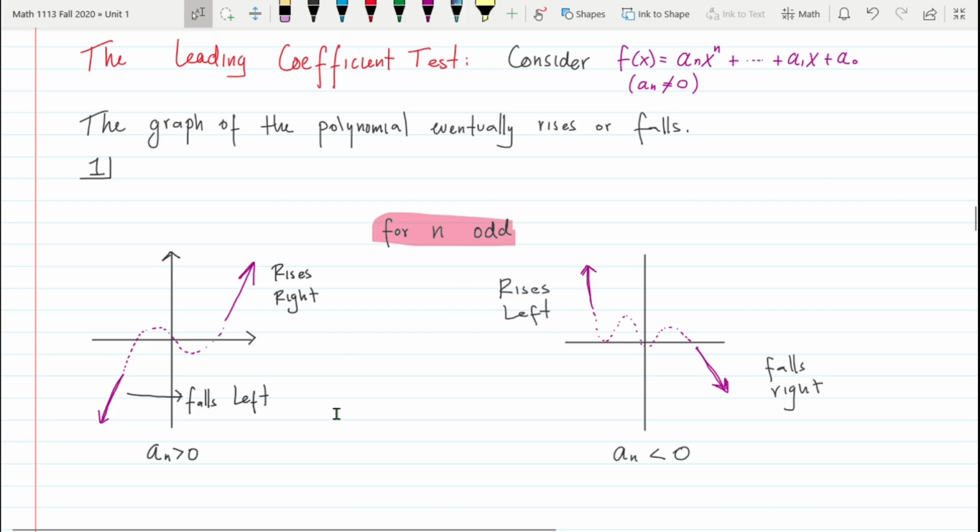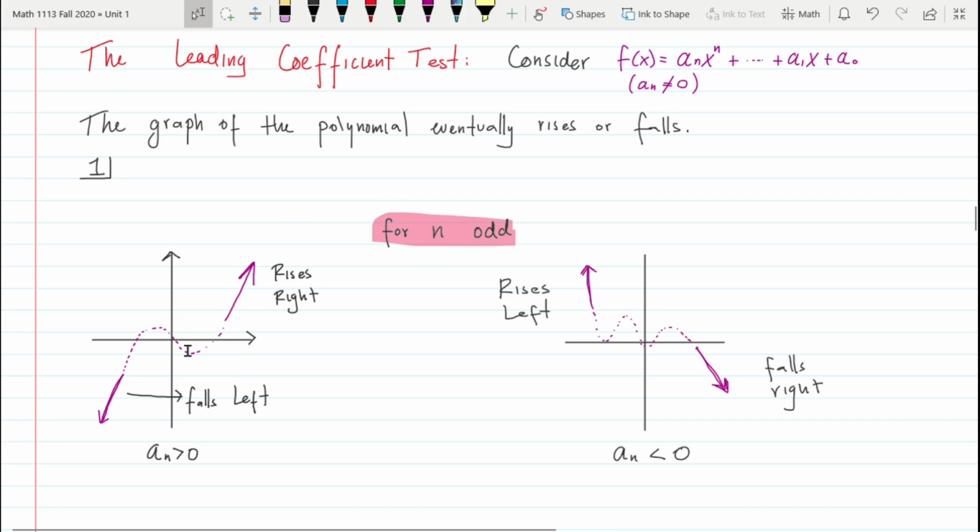So if the power is odd and the number in front of the x with the highest power is positive, then you're going to have this behavior on the left. The left leg of the polynomial is going to fall. So fall left, and then it rises on the right.